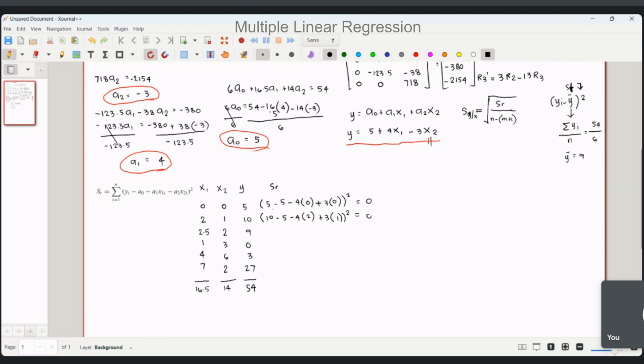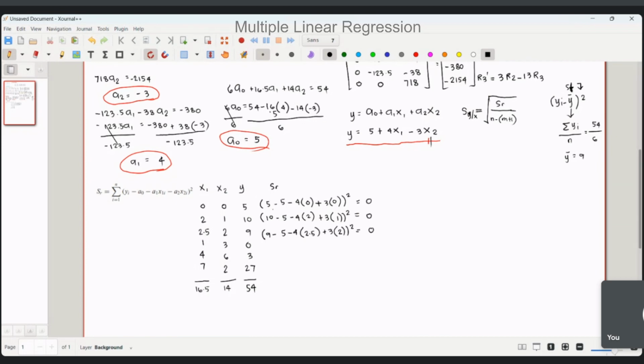Okay, this is 9 minus 5 minus 4 times 2.5 plus 3 times 2.5 squared... that's minus 4, 4 minus 4, that's 0.